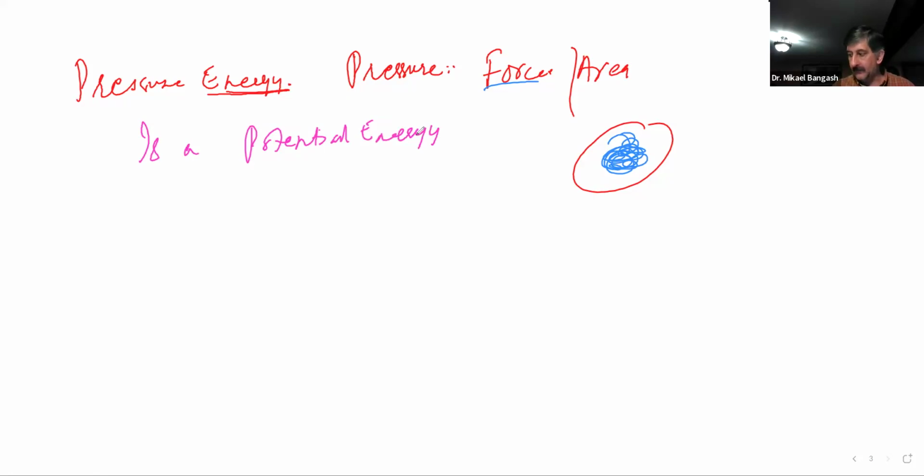What we mean by potential energy is an energy which can be stored, a stored form of energy. Is that clear?